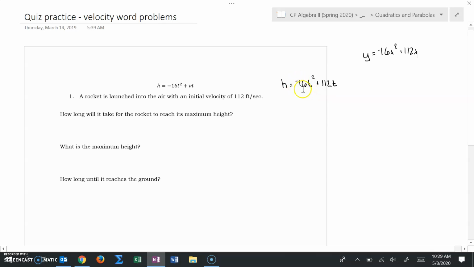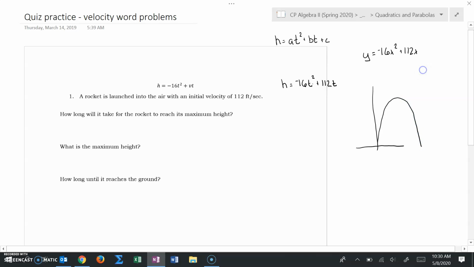So we do know from that negative 16 and from the square term, that's essentially our a value. We know that if a is negative, the parabola is going to open down. So at the very, very least, we know the parabola is going to look something like this.